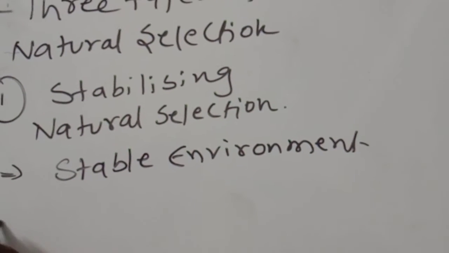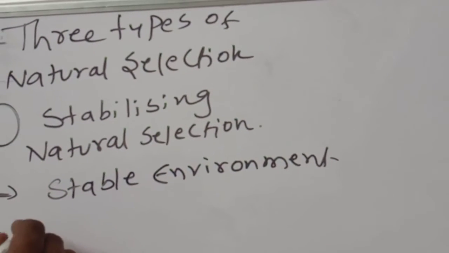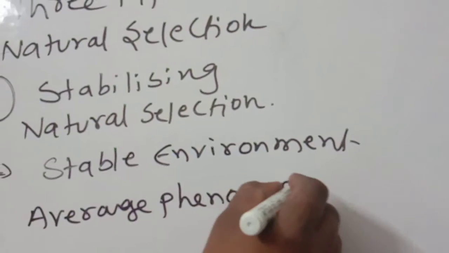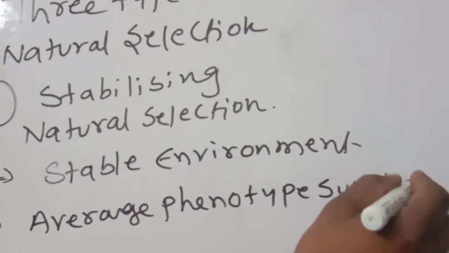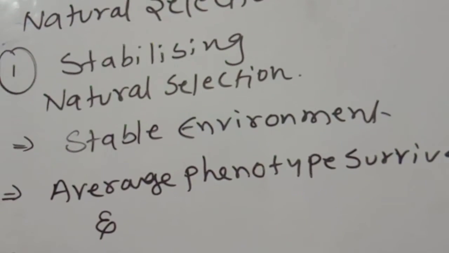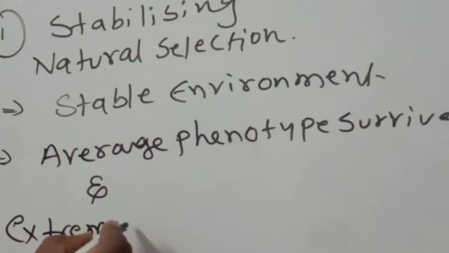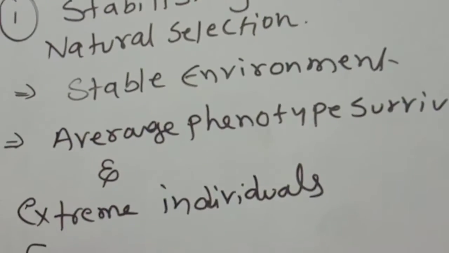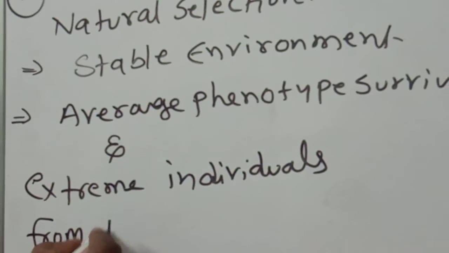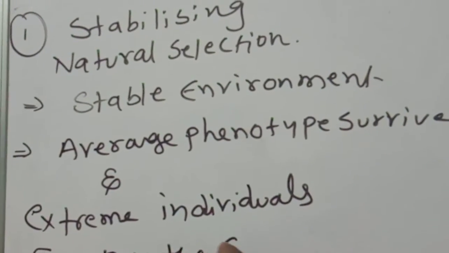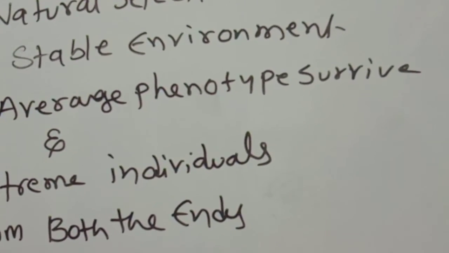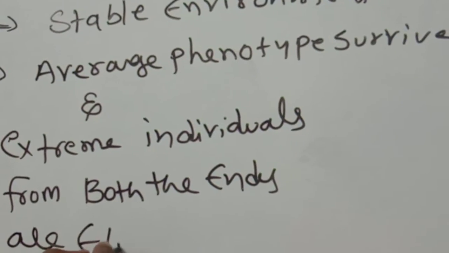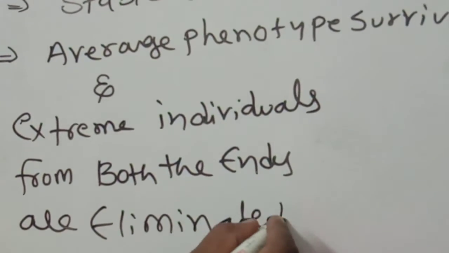Organisms with average phenotypes survive, and extreme individuals from both ends are eliminated. This point you should remember.